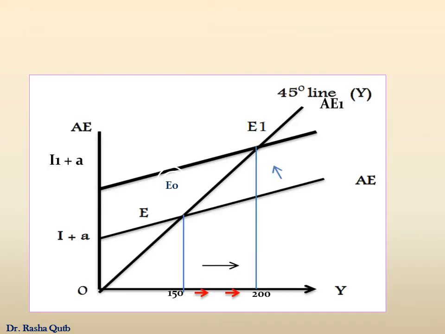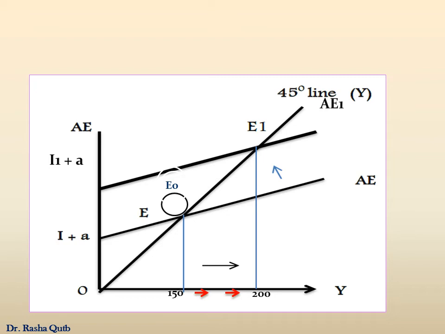Now, how can we show our results graphically? Show graphically the effect of increasing autonomous spending by 20 units on the equilibrium national income. First of all, احنا بنبتدي بالinitial equilibrium at point E0, where the 45 degrees line, which represents the national income, is the supply side of goods and markets, intersect the aggregate expenditure line.